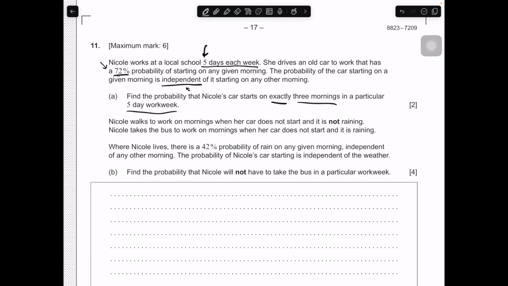So number of successes is 3. In this case, successes are defined as her car not starting. Number of trials is 5, and probability of success, or probability of it not starting, is 72%. So let's go to the calculator and work this out.